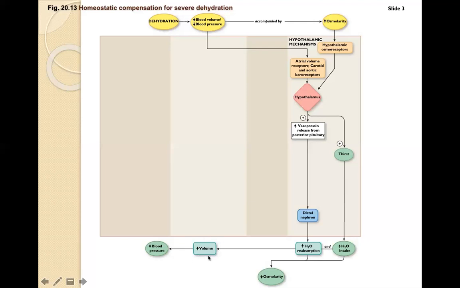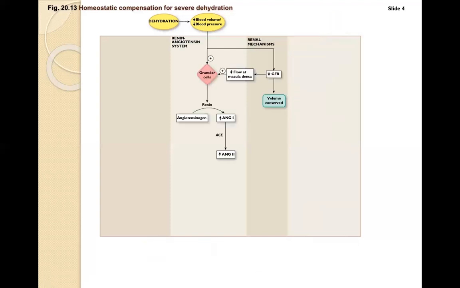And that increased blood volume will yield a higher blood pressure. Furthermore, that increased water content in the blood will help drive down that osmolarity and bring it back down to normal.